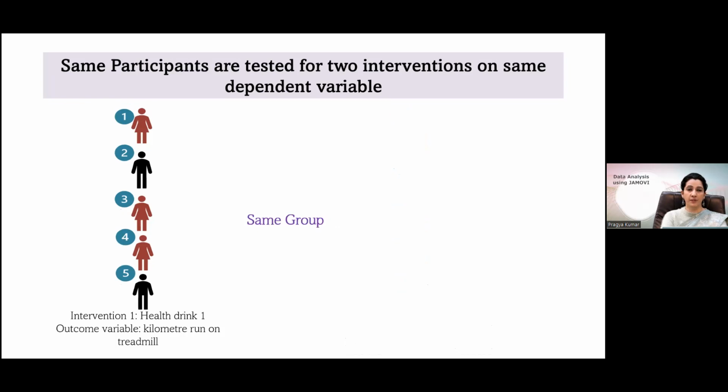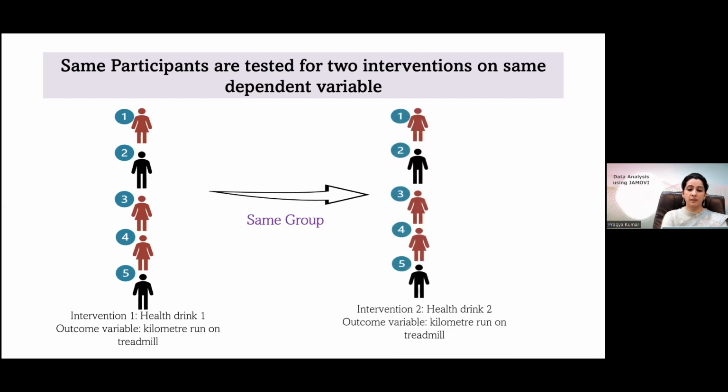a paired observation. Or I have given one intervention, which is health drink 1, and I'm measuring the kilometers run on the treadmill. Then again, after some time, I have given the other intervention to the same group, maybe health drink 2, and I am measuring the kilometers run on the treadmill.